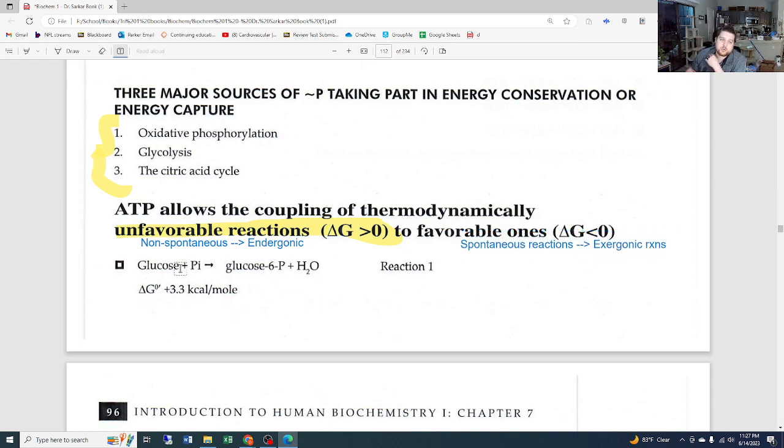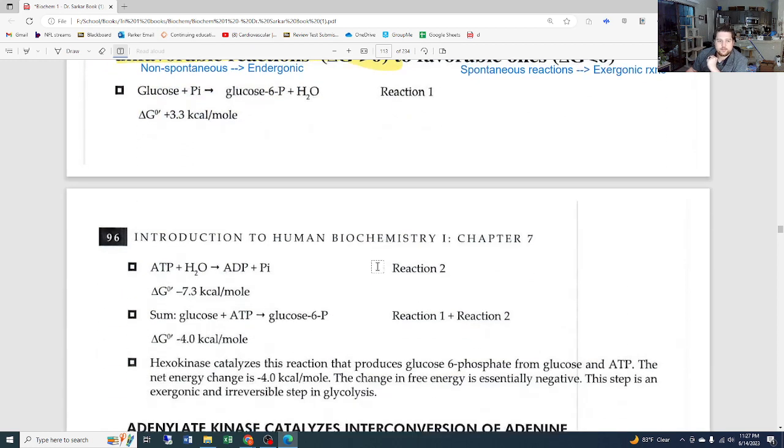So for example, glucose plus that phosphate gives glucose 6-phosphate plus H2O, and ATP plus H2O gives ADP plus Pi. The Pi is just an ion, phosphate ion, okay? These are just a couple of those reactions.